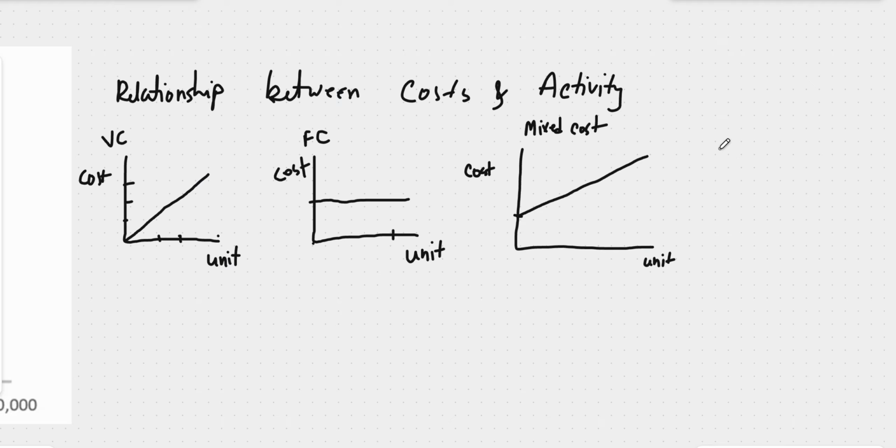What is the next one? Step cost. Units and cost, and this is our step cost. Step cost is a fixed cost and it becomes variable by having different steps.